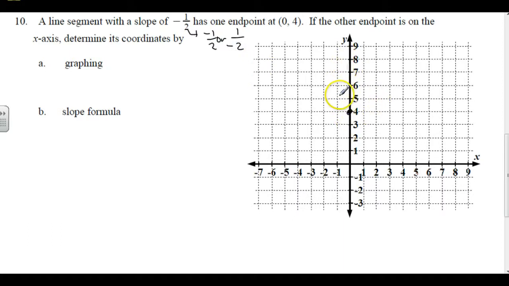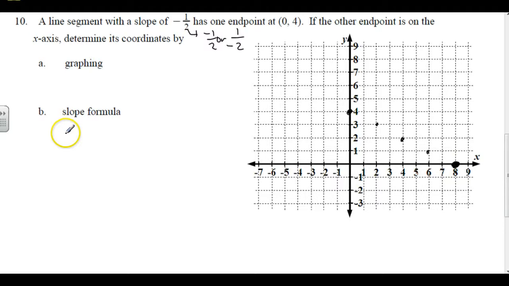So I want to go to the x-axis, and the slope is negative, which means I need to go down. So I'm going to go down 1, right 2, down 1, right 2, down 1, right 2, down 1, right 2, and there we are. So the x-coordinate would be 8, and the y-coordinate is 0.